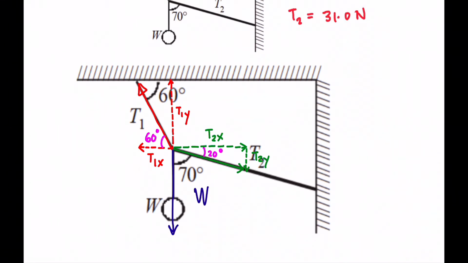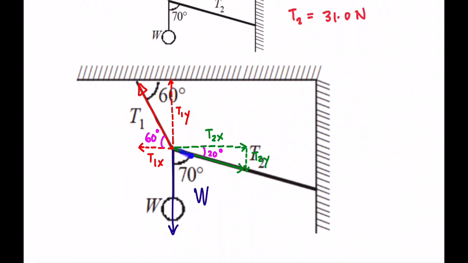All right, now T1 will have the following components: T1y, which is the y component of T1, and T1x, or the x component of T1. We are also given the angle here, which is 60 degrees, and by virtue of alternate interior angles, this part here is also 60.